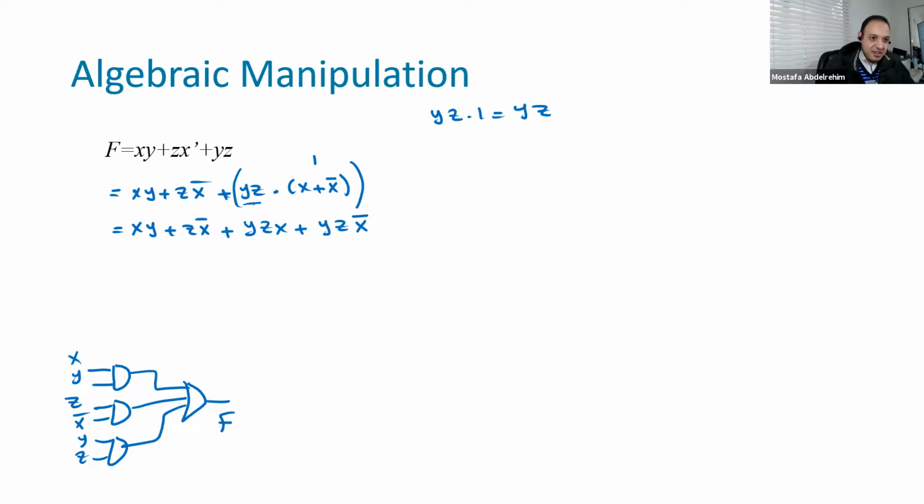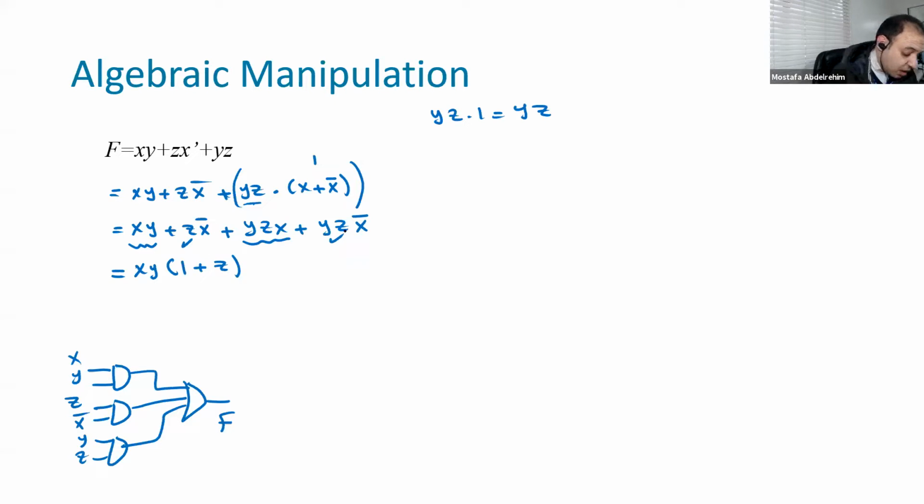Wait a minute here. Let's now compare the terms together. You have here xy and you have here xyz. So take xy as a common factor from these two terms. This will give us 1 or z. If you are not sure, just do it again: if you distribute xy over 1 or z, it will be xy plus xyz. Then we take the other two terms and compare them to each other.